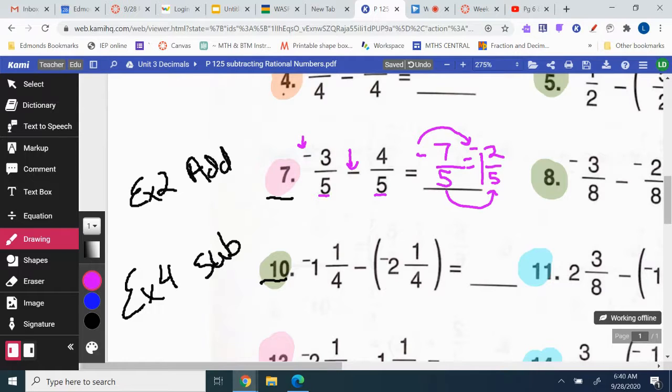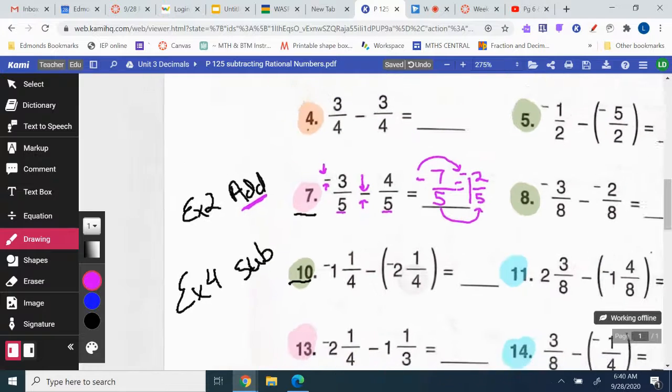So my answer is -1 2/5. So when we have, again, the negative number here, the negative number here, and nothing here, or we could assume it's positive, we're going to add those and keep the sign. I'm going to keep the sign.